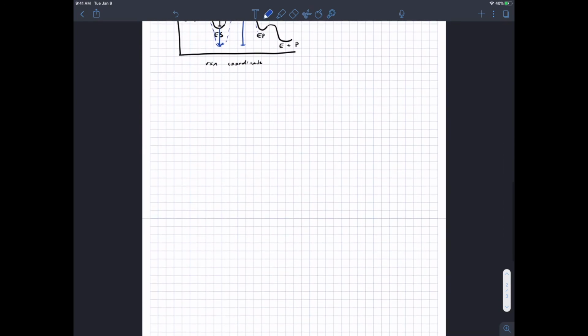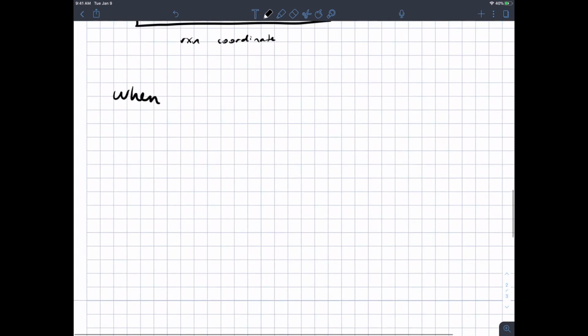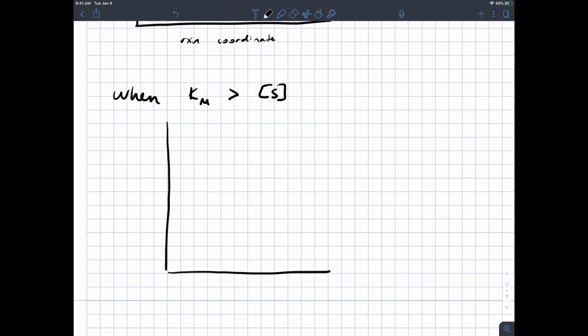In contrast, consider the situation in which Km is much greater than your substrate concentration. So again, this will be energy and this will be reaction coordinate.